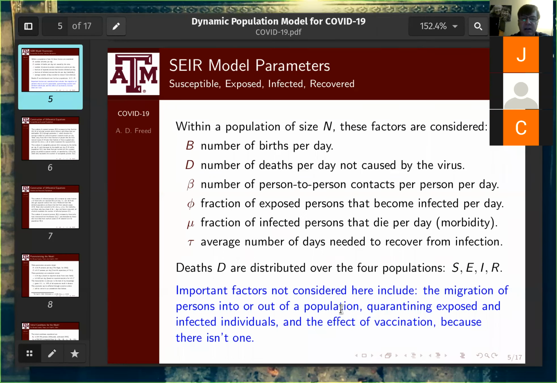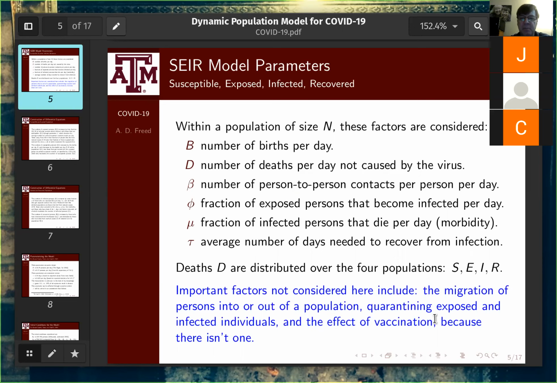But down here at the bottom in blue, this model is by no means, it's a simple model. We're not talking about people migrating into or out of the population. You'll remember that our governor basically closed the border with Louisiana to mitigate this type of cross-pollination, if you would.